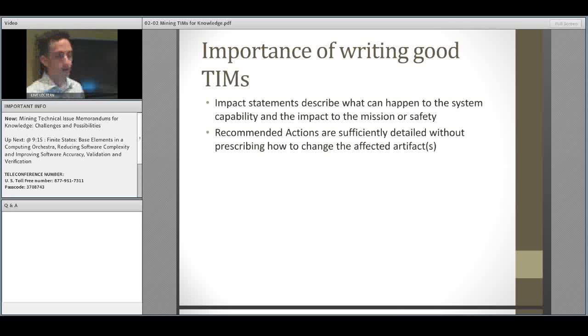For example, impact statements should describe what can happen to a specific system capability, and the impact to the mission or safety of that system. Another example would be that recommended actions are sufficiently detailed without prescribing how to change the affected artifacts.